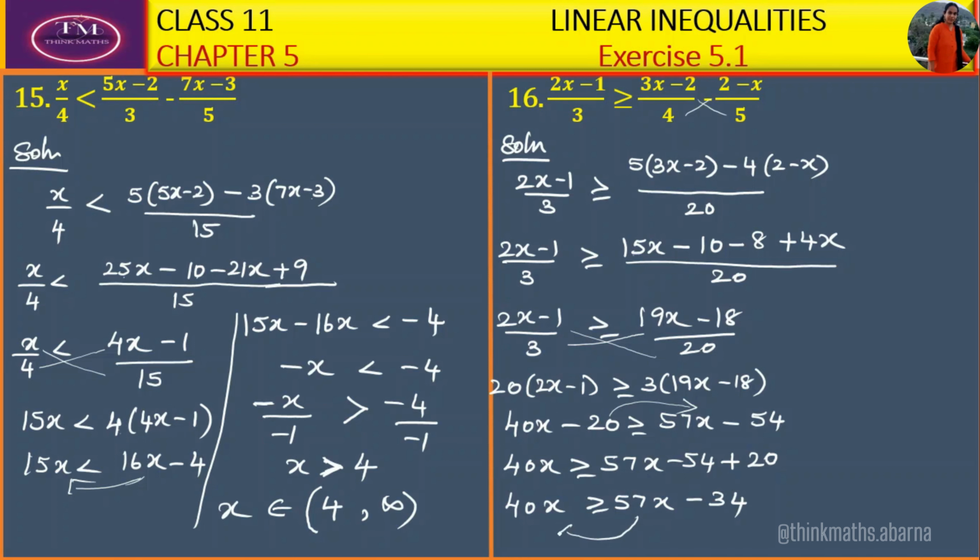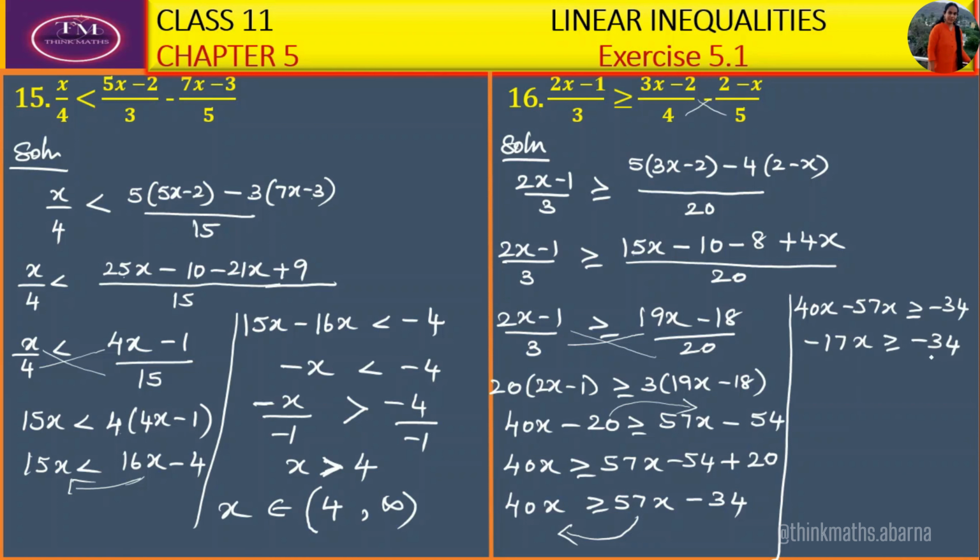Now bring this 57x to the left side. So 40x, plus 57 will become minus 57x, greater than or equal to minus 34. 40 minus 57 is minus 17x greater than or equal to minus 34.